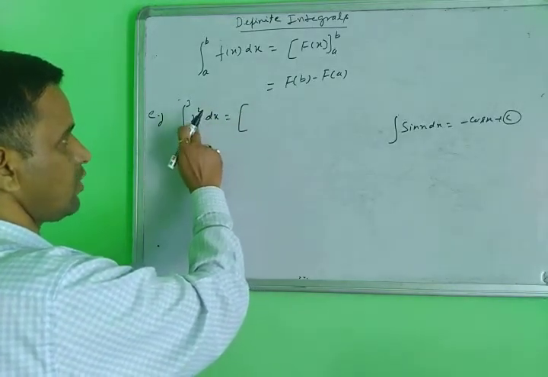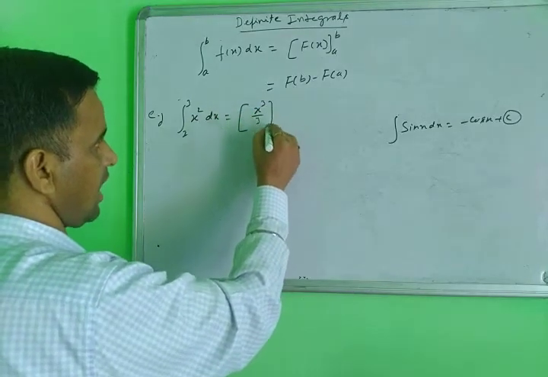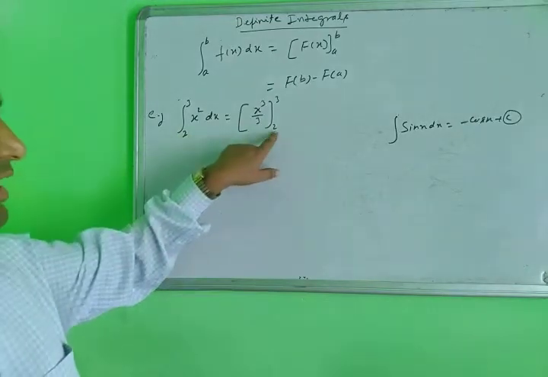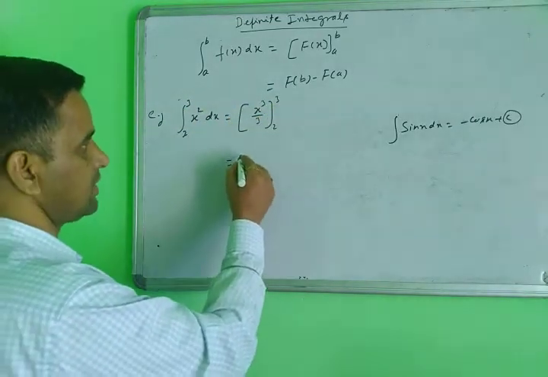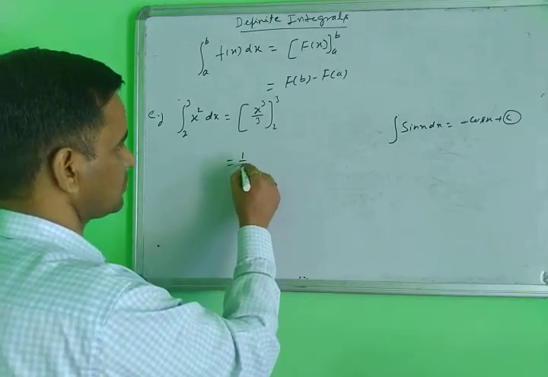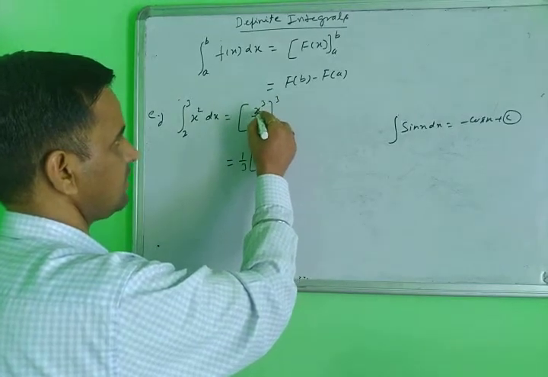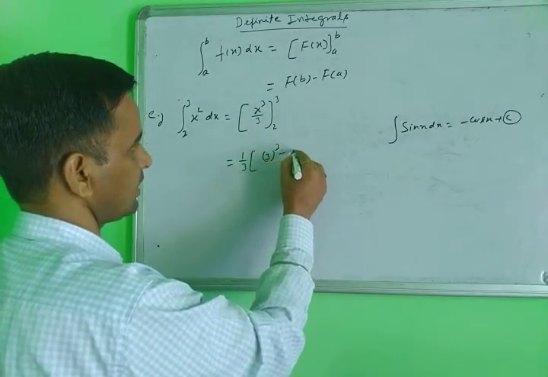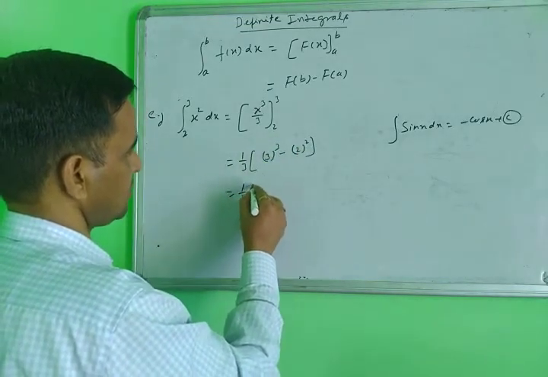When you integrate x square, it becomes x cube upon 3, and here write 2 and 3 as limits. The lower limit is always written on the lower side and the upper limit on the upper side. Then take 1 by 3 outside, and put the limits in place of the variable: 3 whole cube minus 2 whole cube. The 1 upon 3 stays outside.